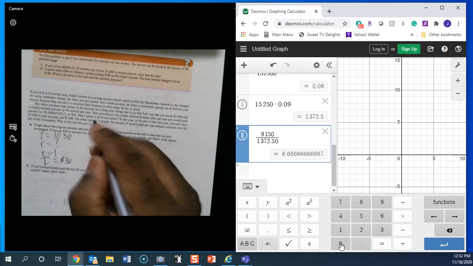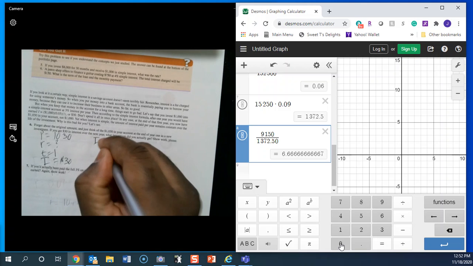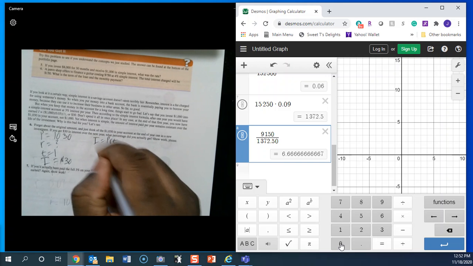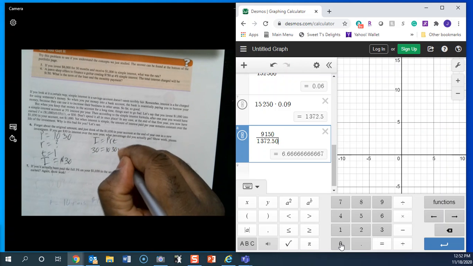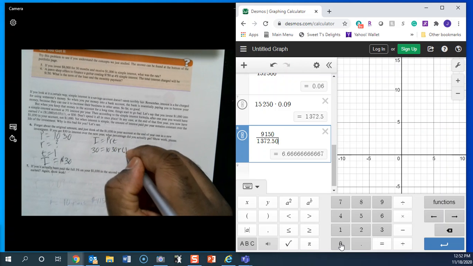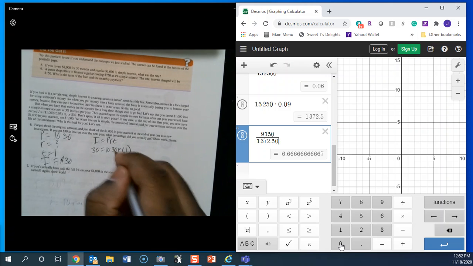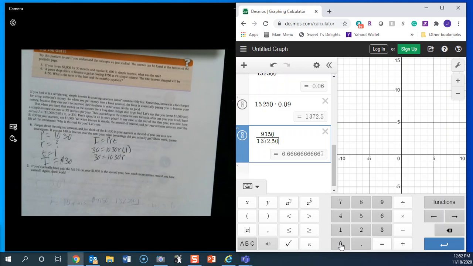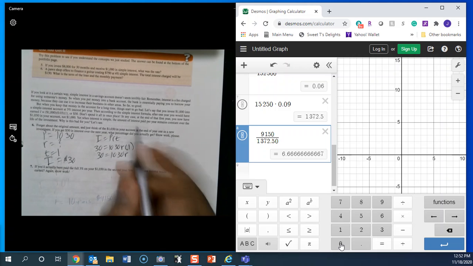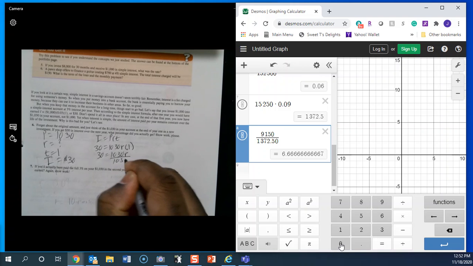Okay, so now we will put this in a formula. I equals PRT. The interest is 30. The principal is 1,030. We don't know what the rate is, and the time is 1. So now we have 30 is equal to 1,030 times R. Now we know 1,030 times 1 is just 1,030. So now we'll divide each side by 1,030.